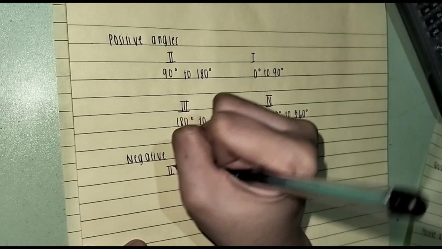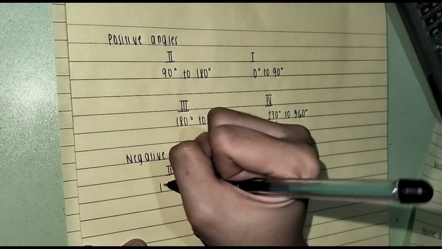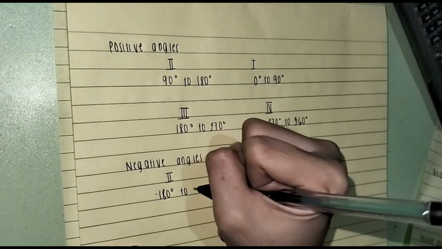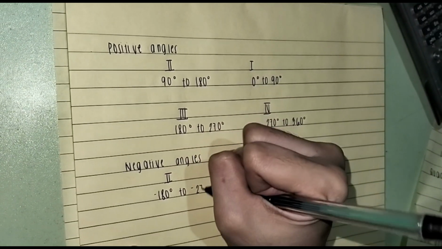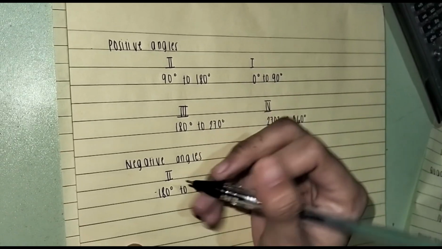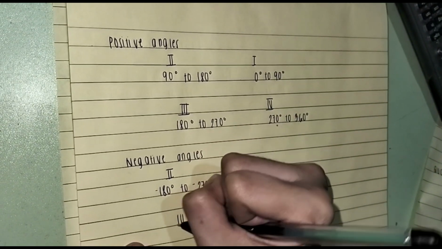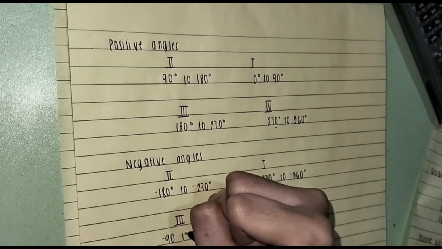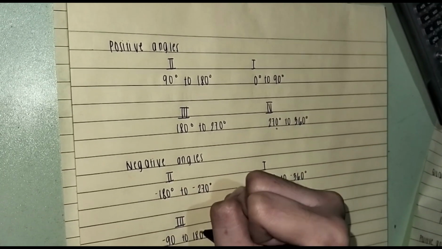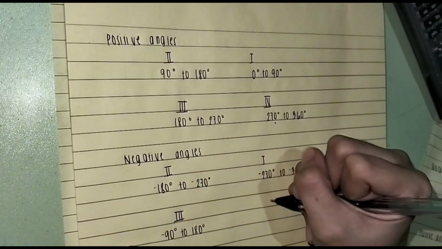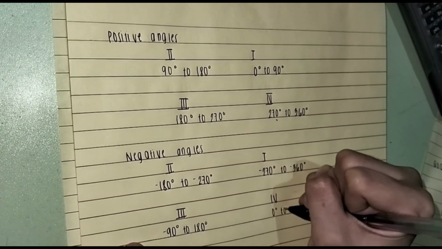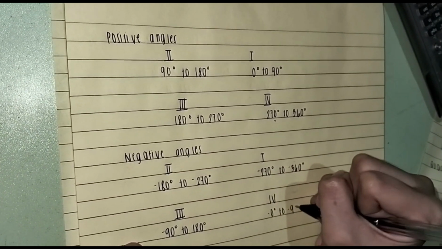Quadrant 2, negative 180 degrees to negative 270 degrees. Quadrant 3, negative 90 degrees to negative 180 degrees. Quadrant 4, 0 degrees to negative 90 degrees.